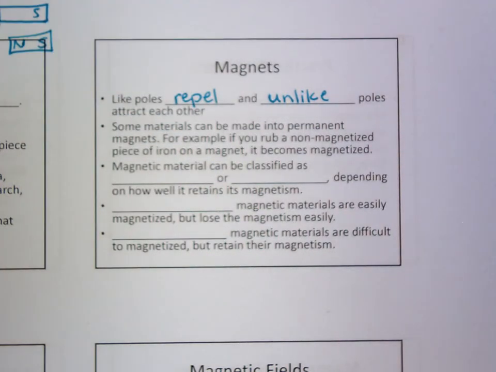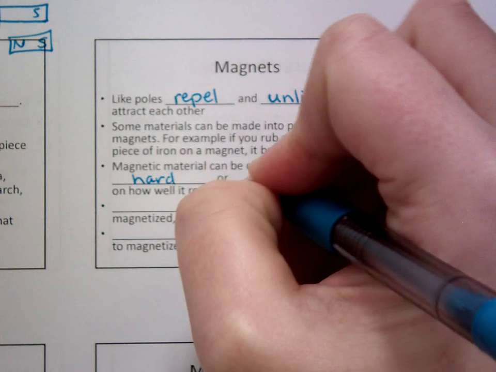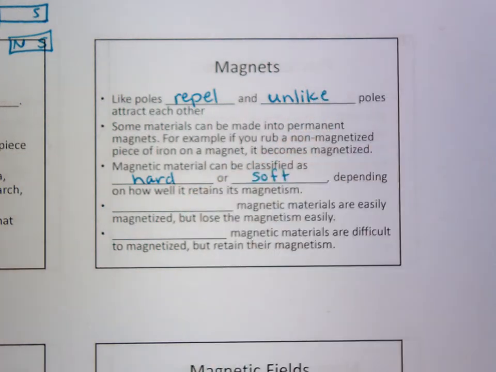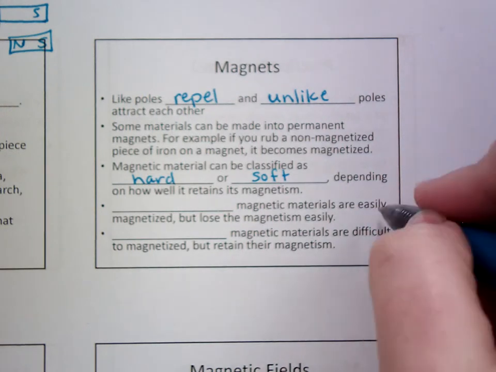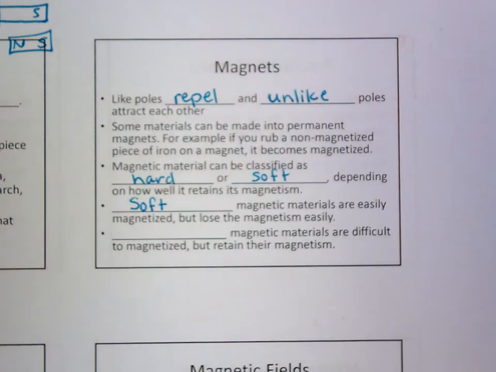Okay. Now, magnetic material can be classified as either hard or soft, depending on how well it retains its magnetism. If something is easily magnetized, that's a soft magnetic material.